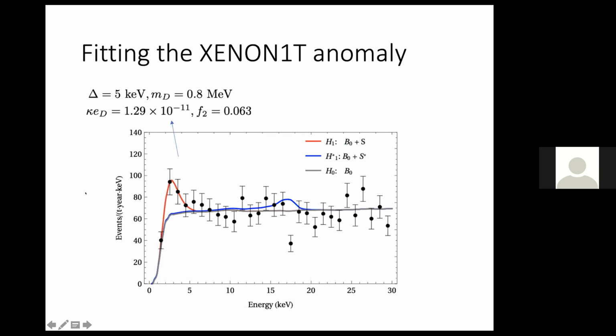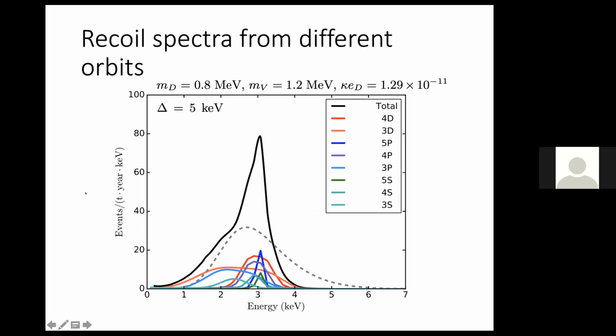Excuse me, in the previous slide, what is the gray dashed curve? You have a gray dashed curve without a legend. What does this curve correspond to? Actually, I don't remember.